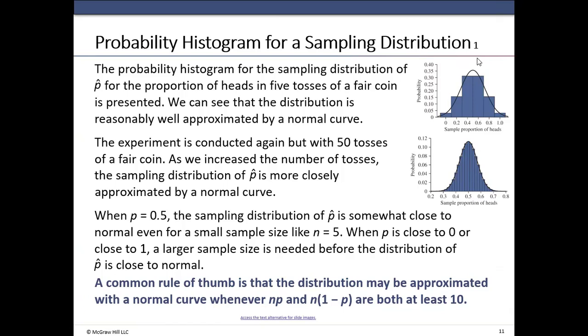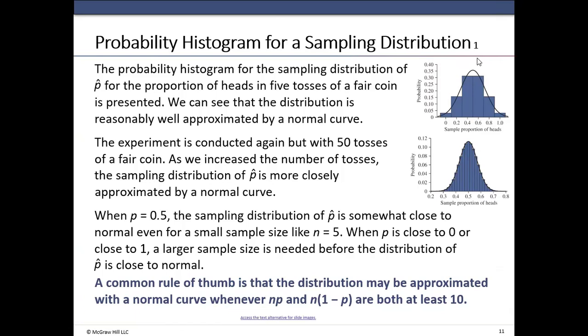The experiment is conducted again, but with 50 tosses of a fair coin. As we increase the number of tosses, the sampling distribution of p hat is more closely approximated by a normal curve. So going from the top to the bottom, the only difference is that at the top we are tossing the coin 5 times, and in the bottom one, we are tossing the coin 50 times.